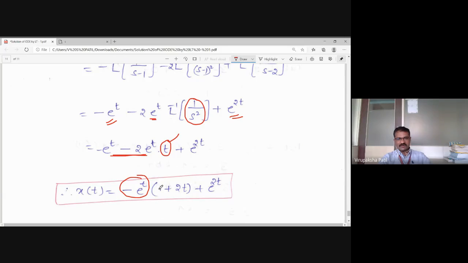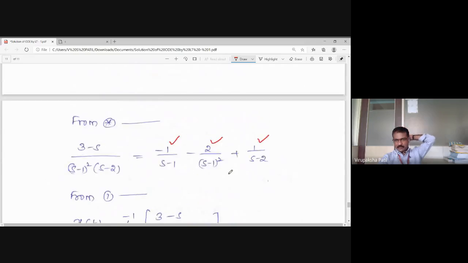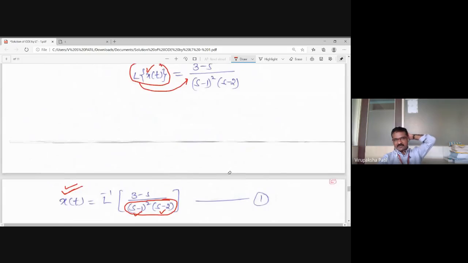From this term you can write 1, from this term you have 2t, then plus e to the power 2t. This is your final answer. If you want, you can write this term first, then this term. So this is the solution of the given differential equation by using Laplace transforms.